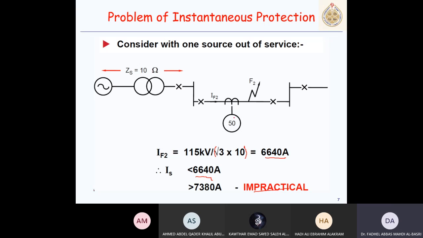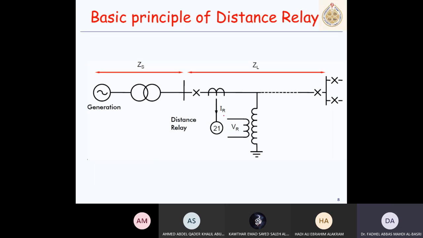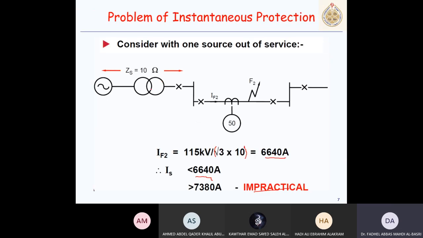This is one case where an instantaneous overcurrent relay is not feasible to apply. So what's the solution? I can use a distance relay, whose operation is almost independent of the source impedance. As you can see, the source impedance has affected the suitability or application of the instantaneous overcurrent relay.